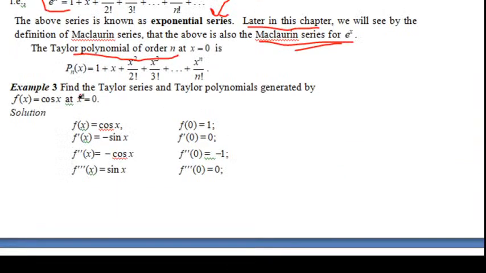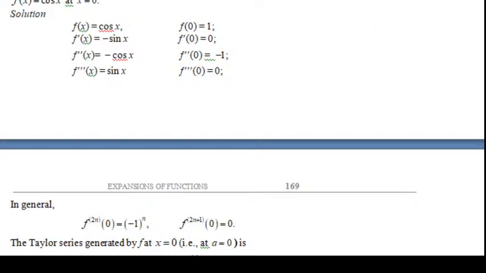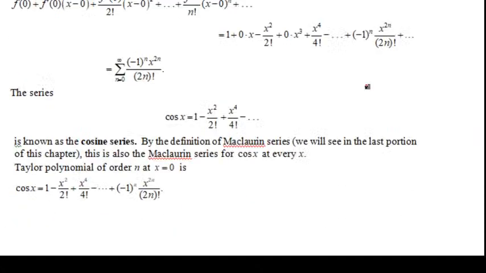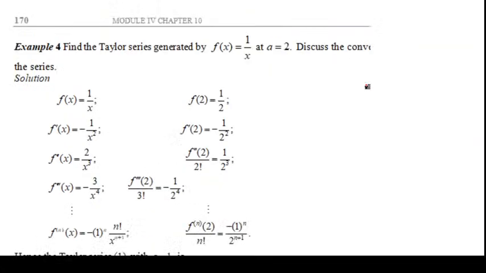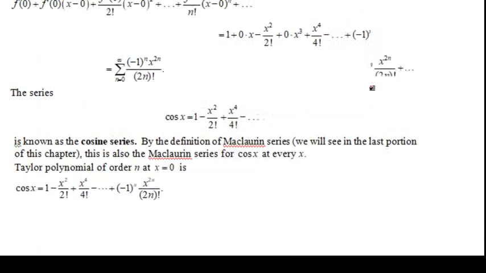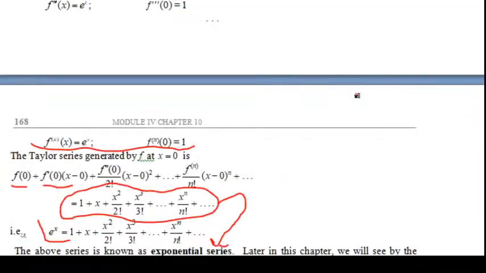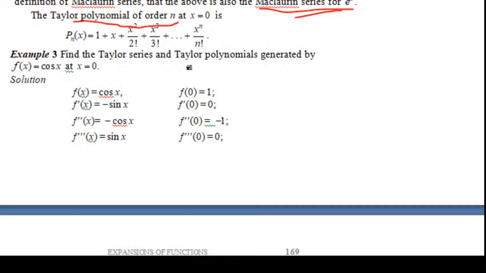Next we have to find the Taylor series expansion of cos x. As in the previous problem, you can see that f of x is equal to cos x, and f of a, what is a here? 0. F of a equal to f of 0 is equal to cos 0.